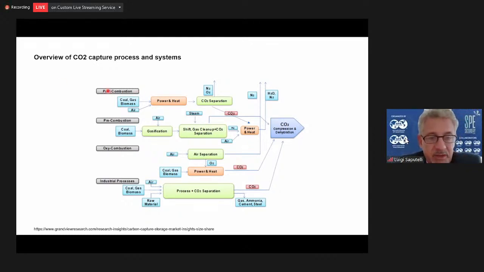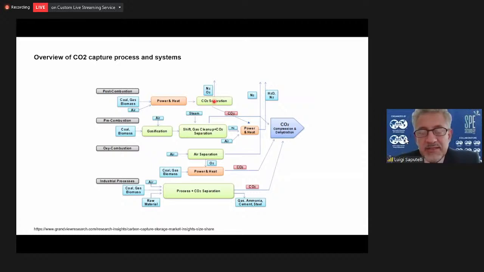The most common one is post-combustion, where coal is used to power a turbine or generator. Then we have the combustion, and from the combustion we perform CO2 separation.